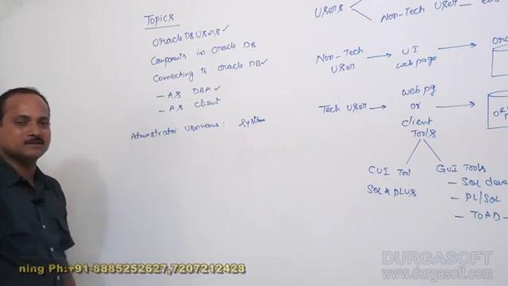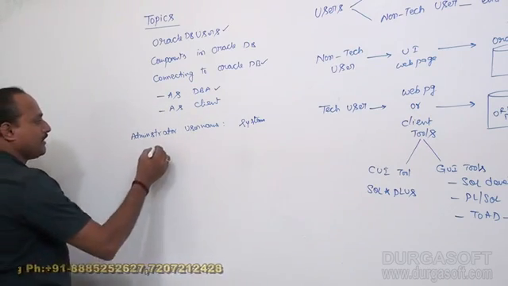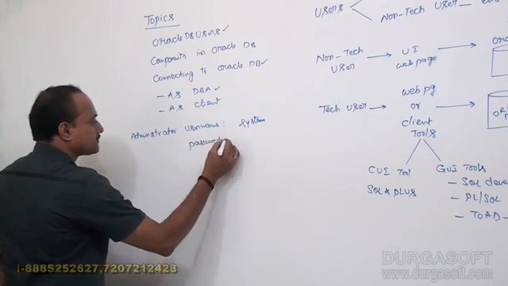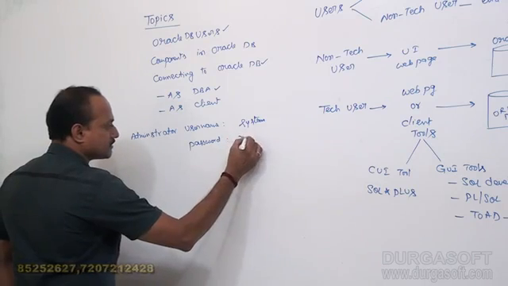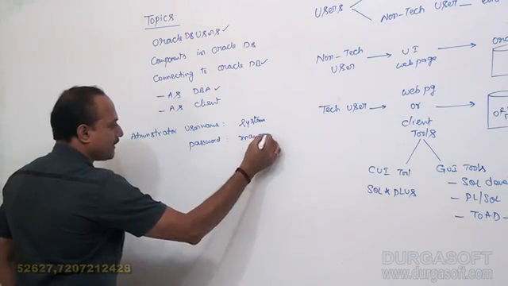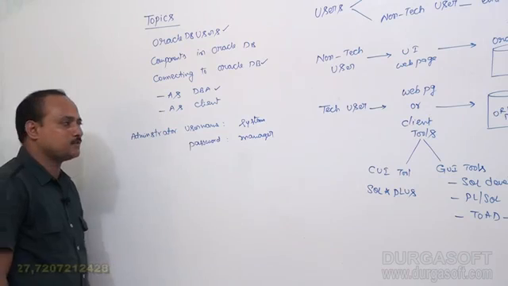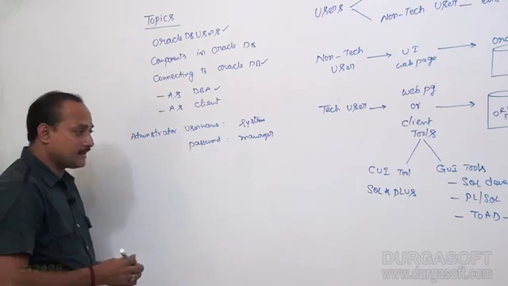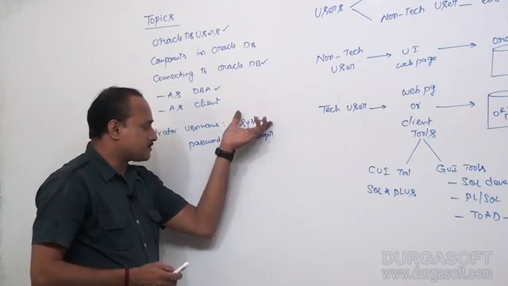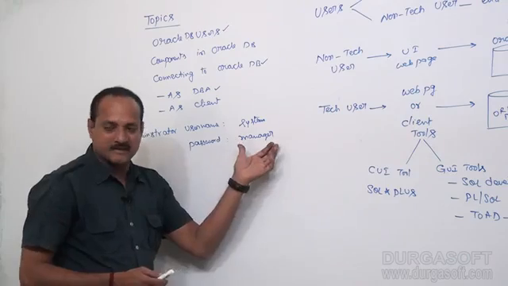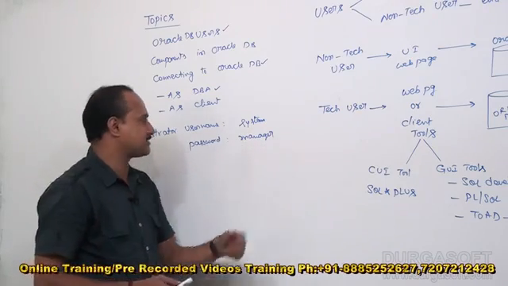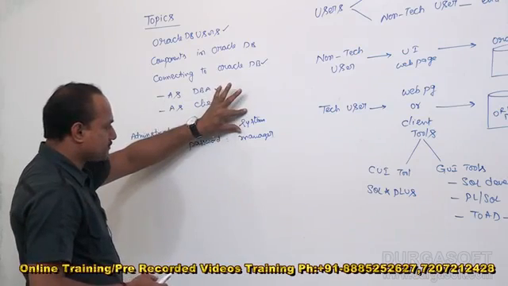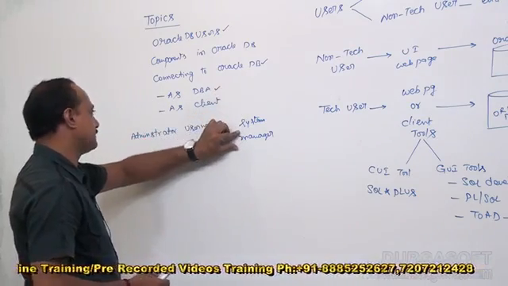In your personal system, you can make it system and then hit enter, then it prompts for a password. Generally people will maintain it as manager. This is for your personal system only. I am not explaining real time. In real time, the administrator username and password will be different. Definitely they are different. Don't expect these things. In your personal system, the DBA administrator username is system, password is manager.